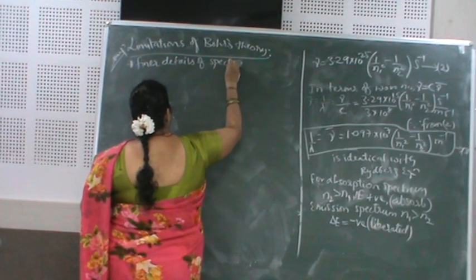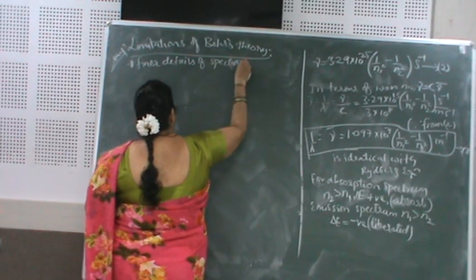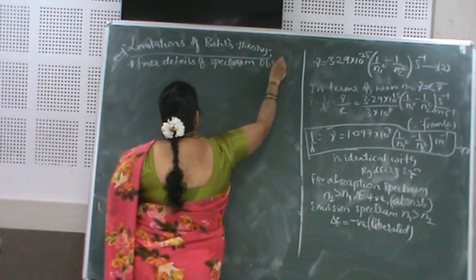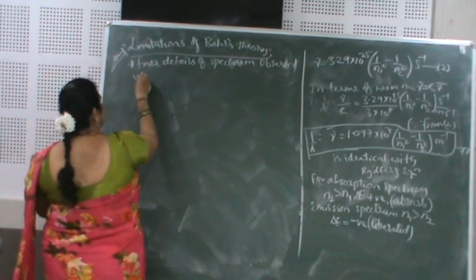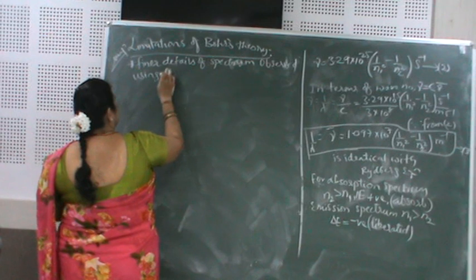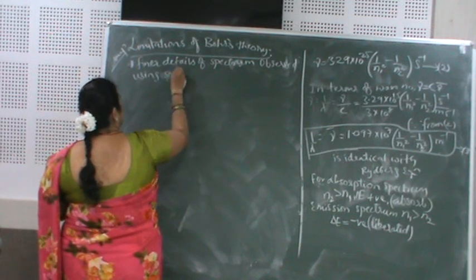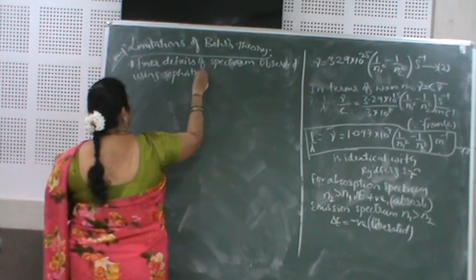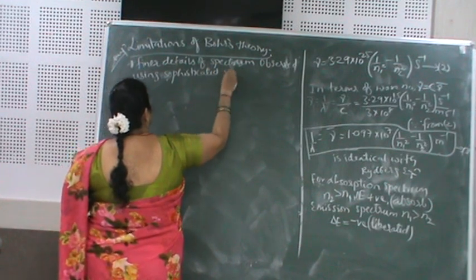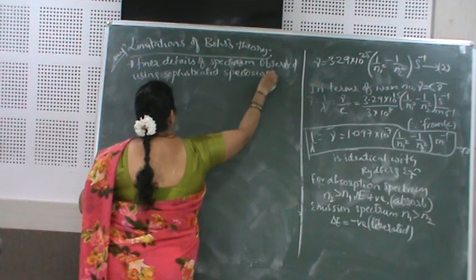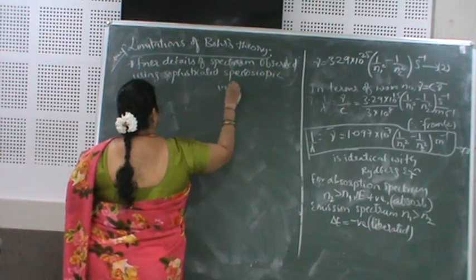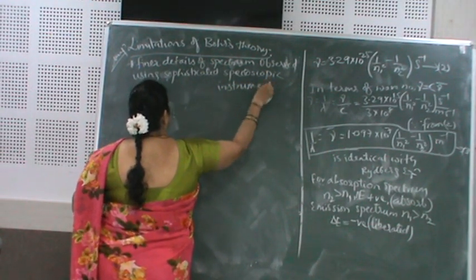Finer details of the spectrum observed using sophisticated spectroscopic instruments. So I will tell you the meaning of finer details.